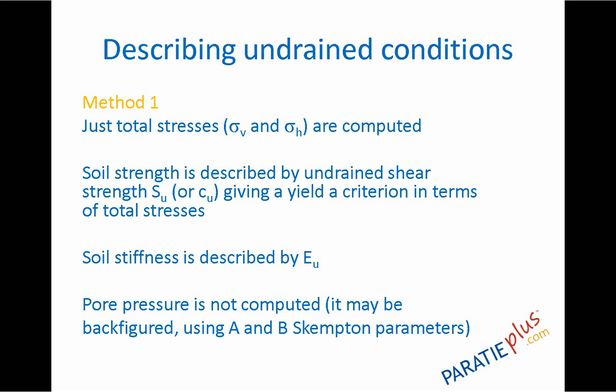And in this approach, accordingly, the soil strength is given in terms of undrained shear strength, that is normally named SU or CU, which gives a yield condition in terms of total stresses. And this is also done for stiffness parameters.